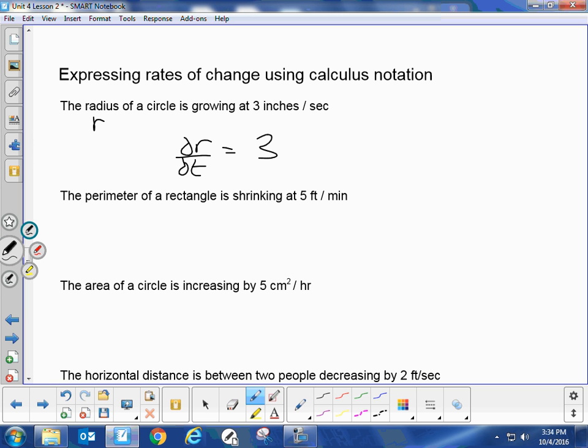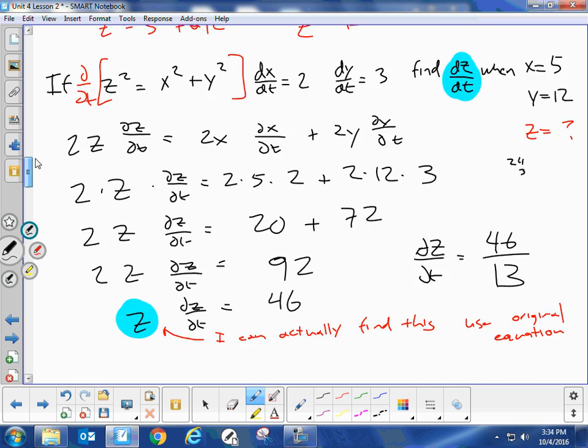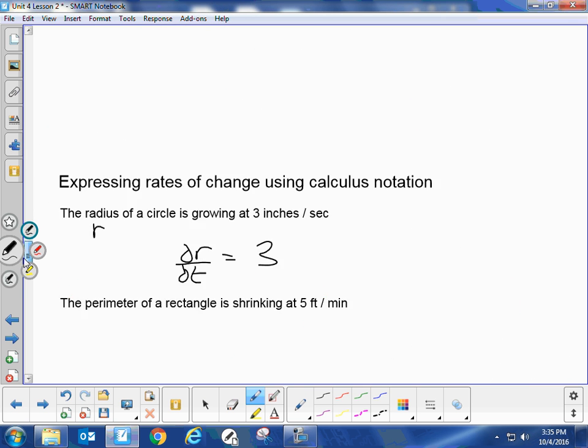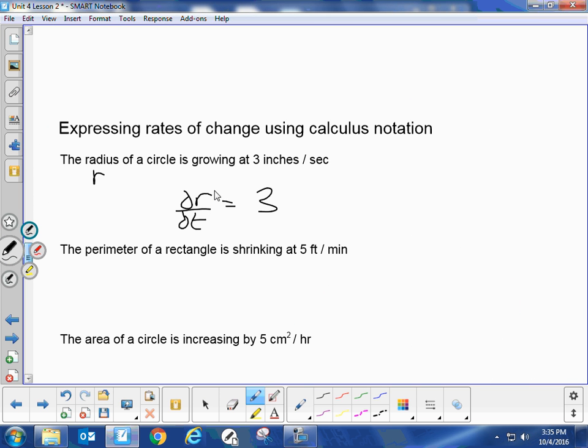And all of a sudden, you now have calculus notation, and you will be able to use that information similar to how we use the information on our easy word problems right here. Just it won't be given to you. You'll have to be able to write it down, extract that information from the problem.